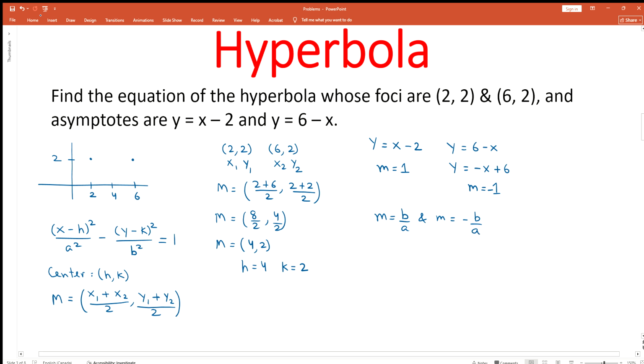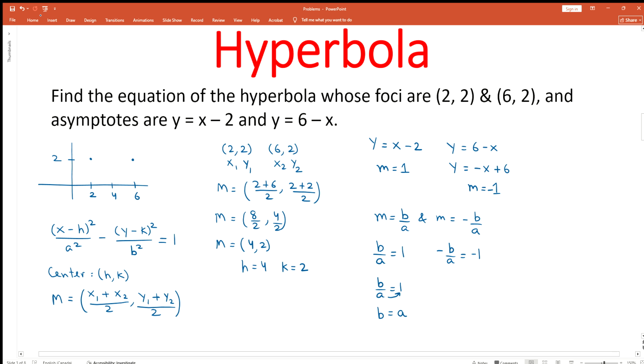If we compare the slopes of the given asymptotes with the formula for slope of the asymptotes, we can see that b over a is equal to 1 and negative b over a is equal to negative 1. From both equations, we get b over a equals 1. We can cross multiply a to the right side of the equation. I get b is equal to a.